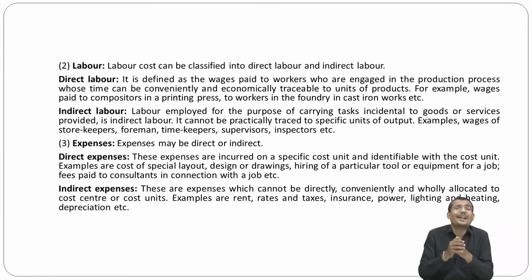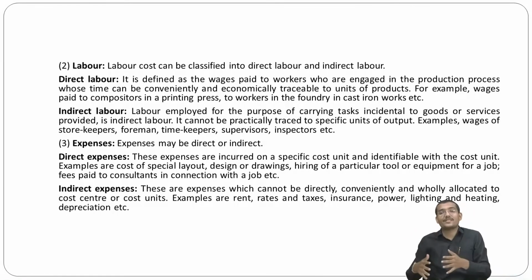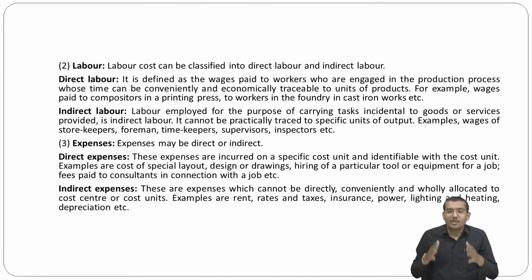Then indirect labor is not directly related to your production but indirectly affects it. That is what we call indirect wages, or indirect labor. So labor employed for carrying out tasks incidental to the goods or services provided is indirect labor.